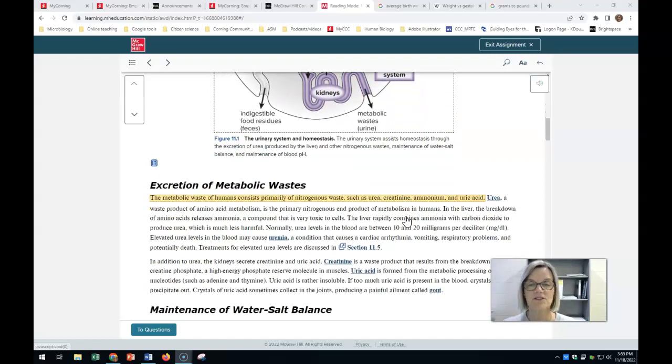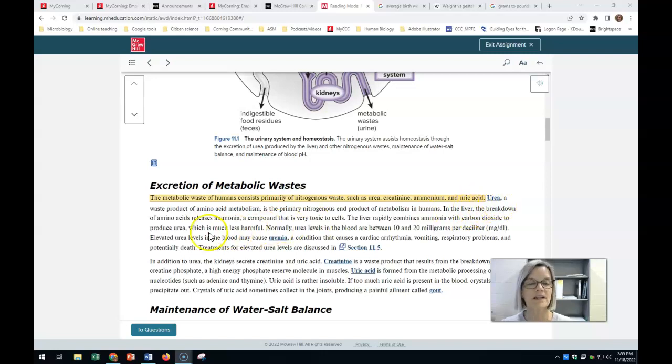The primary metabolic wastes that humans make are primarily nitrogenous wastes, which means chemicals that contain nitrogen. Four that you might have heard of are urea, creatinine, ammonium, and uric acid.